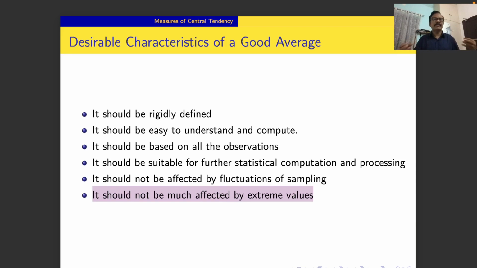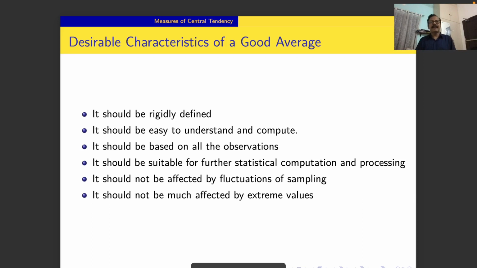These extreme values affect the typical representation or the average, and then the average will not be a good average. So a good average should not be much affected by extreme values. These are the six important desirable properties of a good average or an ideal average.